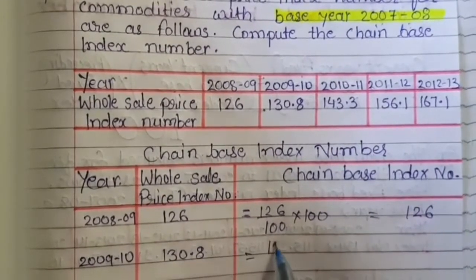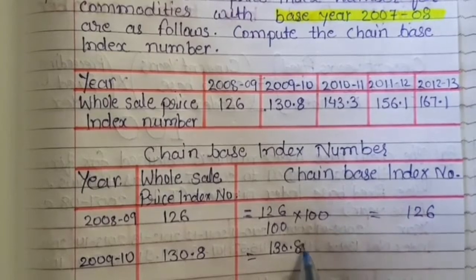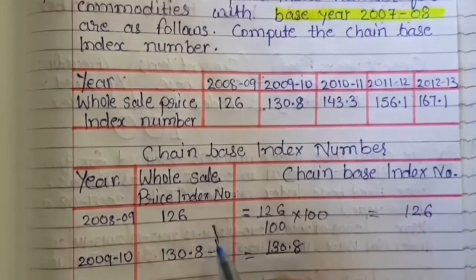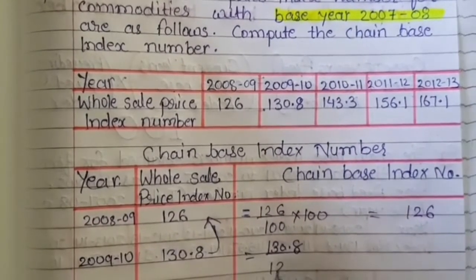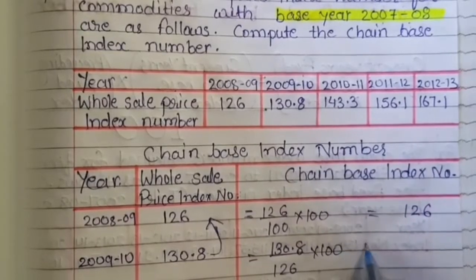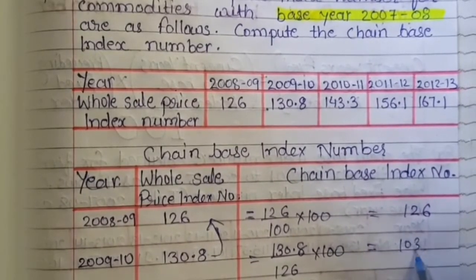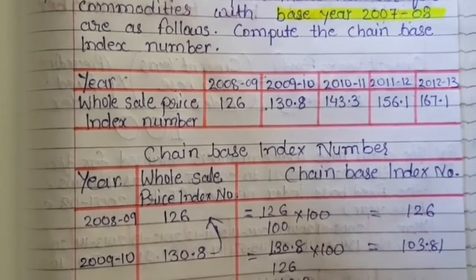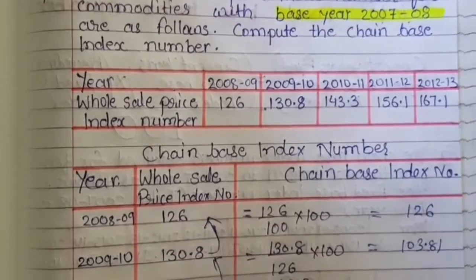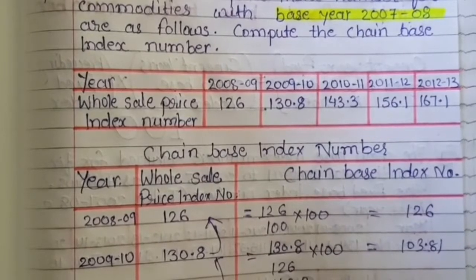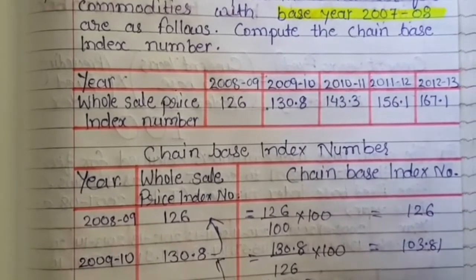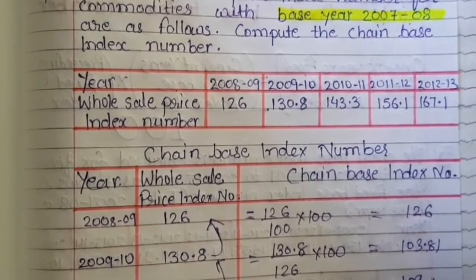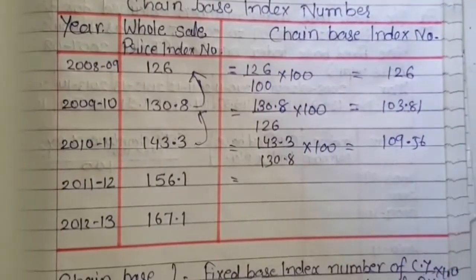Now the calculation is the same. Current year's index number is 130.8, preceding year's index number is 126, multiplied by 100. I will get 103.81. Now current year's index number is 143.3, its preceding year's index number is 130.8, multiplied by 100. I will get 109.56, and the same calculation is for the rest of the years.